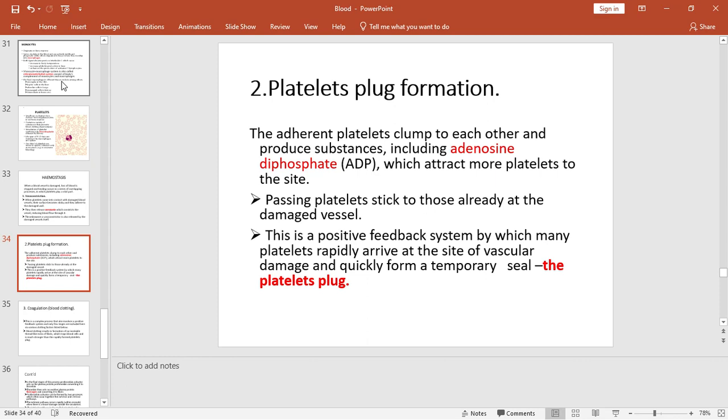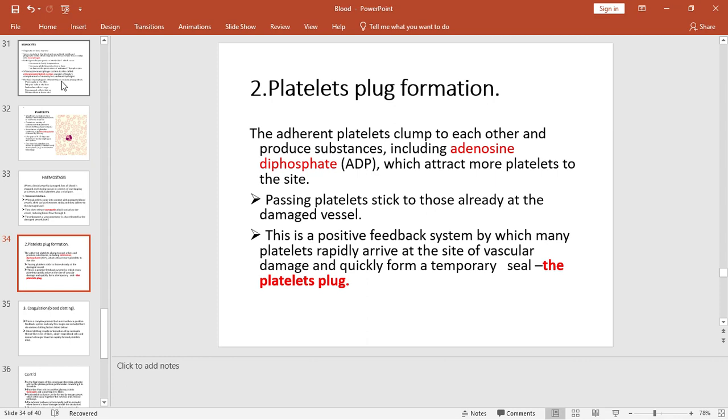The platelets will also release an additional compound called adenosine diphosphate. Adenosine diphosphate is going to help the platelets to recruit even more platelets.